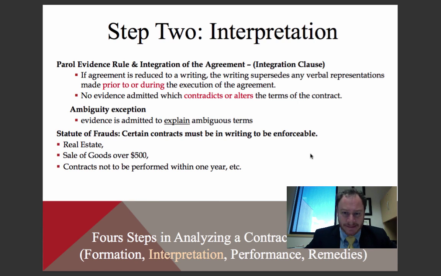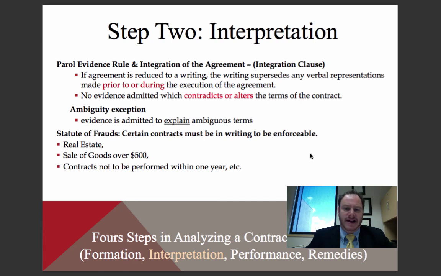So here, if the language in the contract can be interpreted as being ambiguous or inconsistent, then new evidence can be admitted in court to try to explain any of the ambiguous terms.